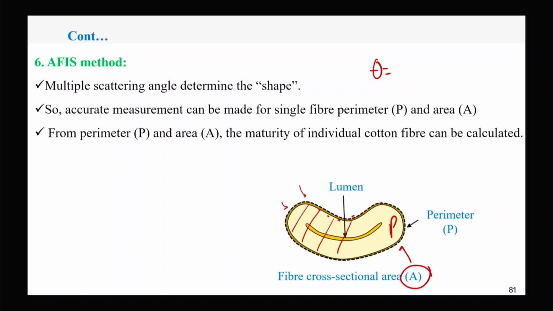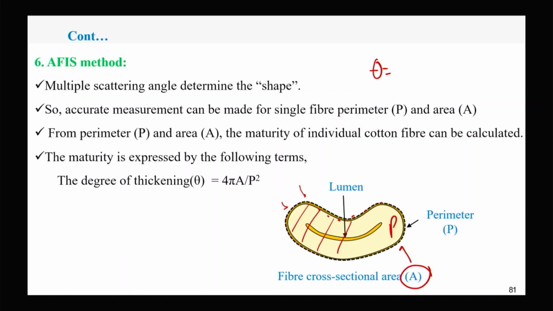Using the standard formula, we can get the direct value of the degree of thickening. AFIS is the only method where we can directly measure the degree of thickening.